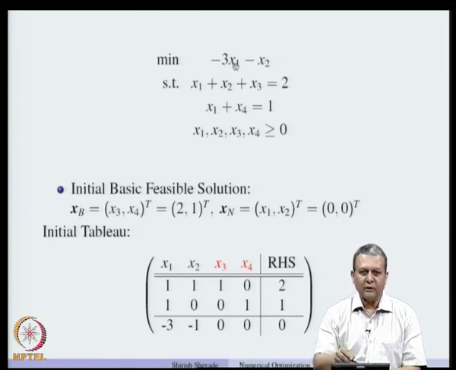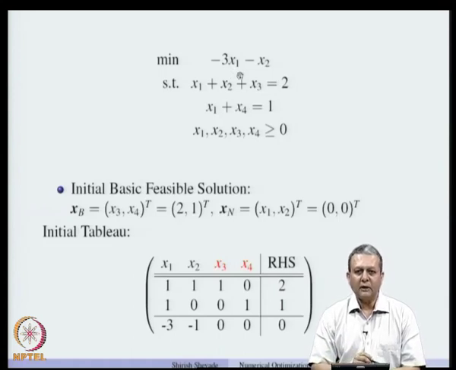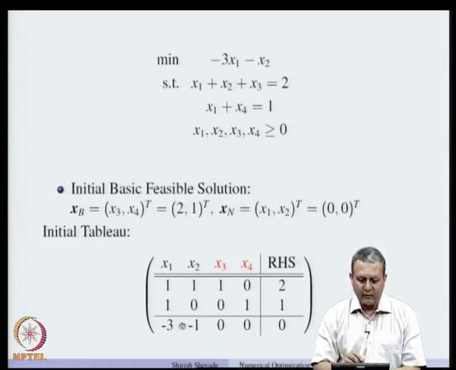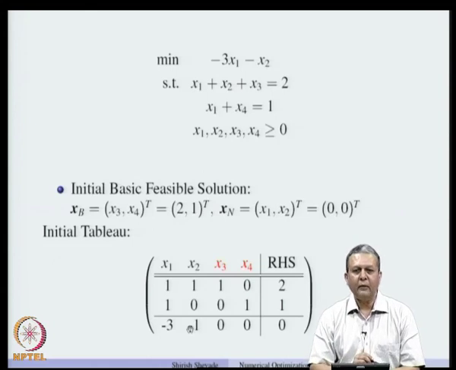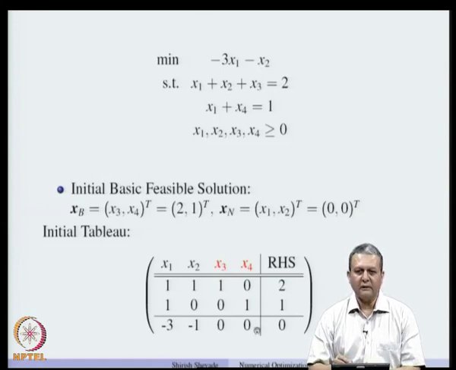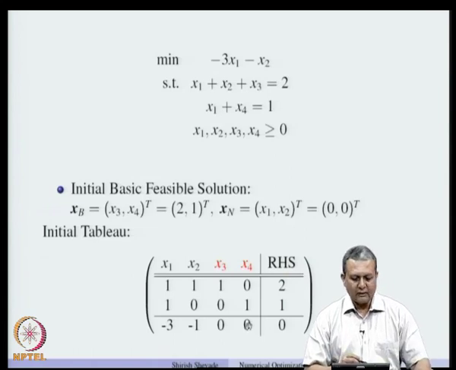The cost corresponding to basic variables is 0, the cost corresponding to the non-basic variables is minus 3 and minus 1. Now, before we start using this tableau, one thing we have to make sure is that the relative costs associated with the basic vectors have to be 0, and which is indeed the case here.